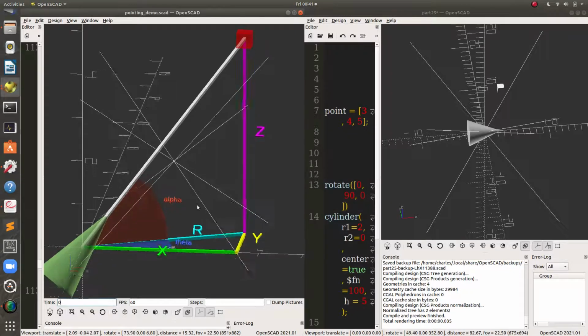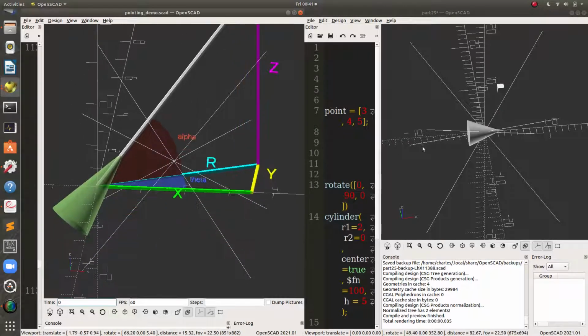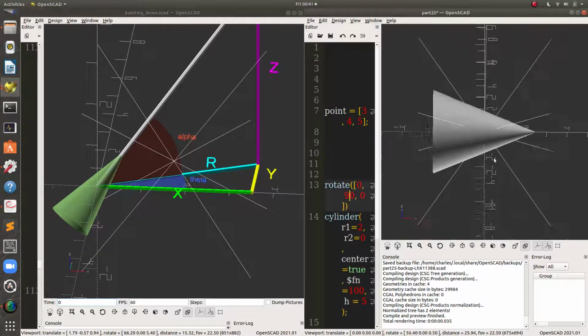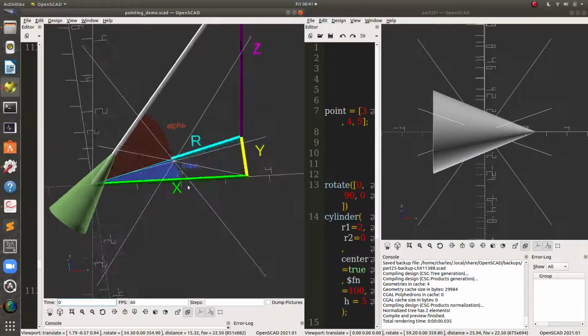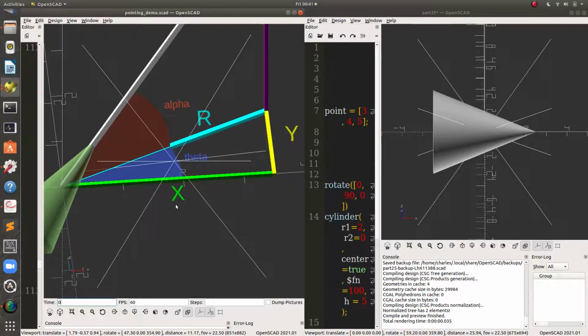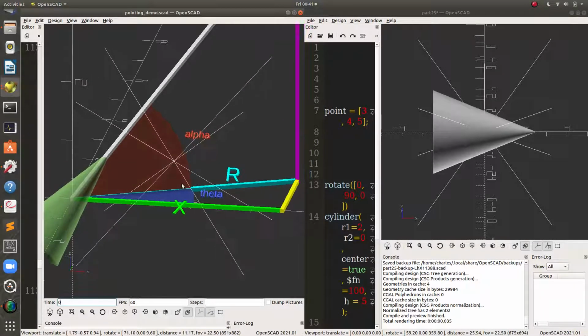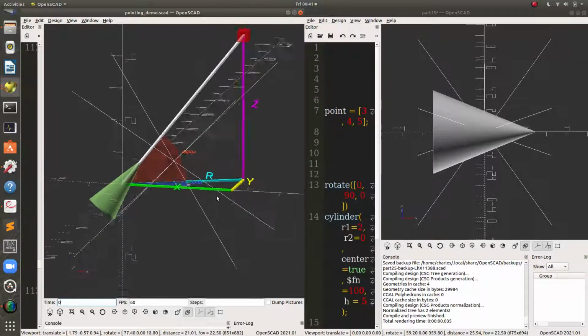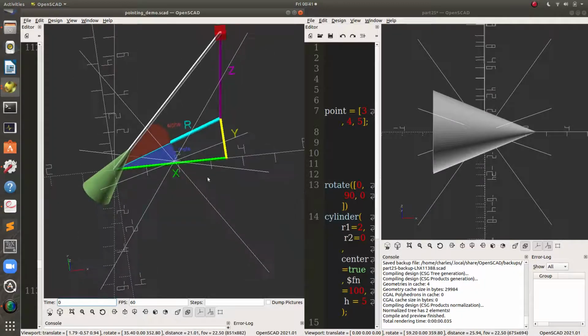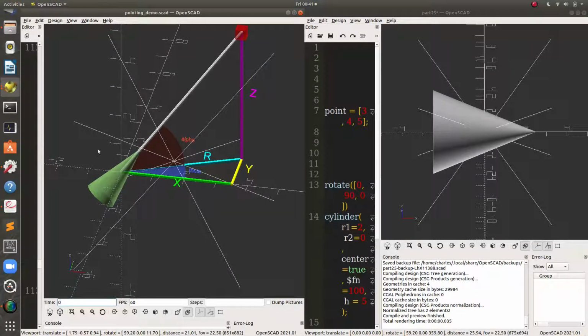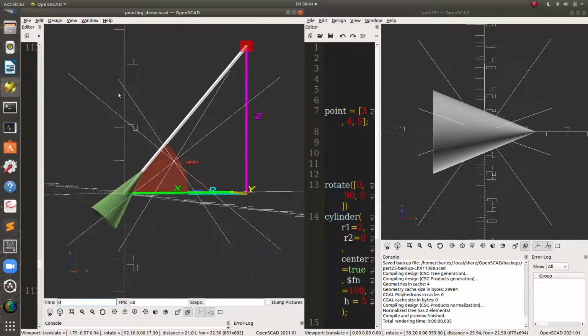So now moving back to the demo, now that we have our cone pointing in the positive x direction, essentially what we need to do is apply 2 rotations to it. The first thing that we do is apply this rotation, which is from the xy plane towards the z axis.